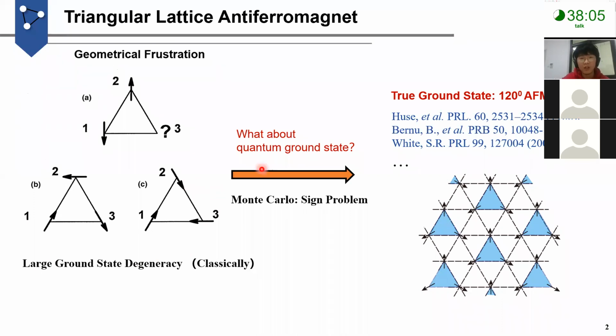So how about the quantum version of the ground state of the triangular lattice antiferromagnet?